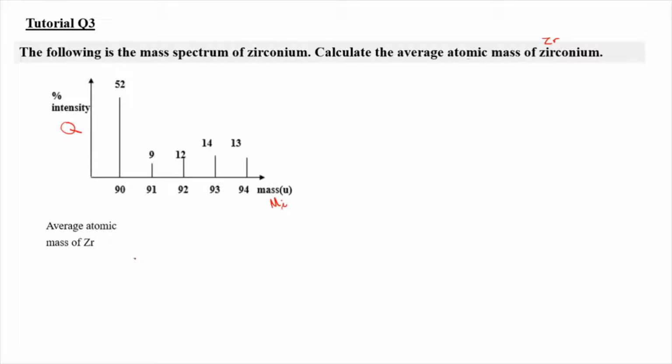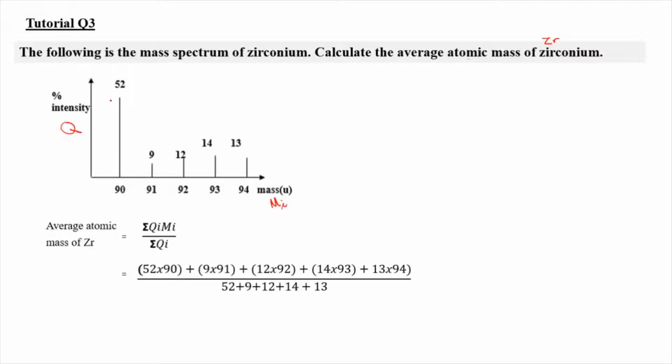So in order to find the average atomic mass, we're going to do the sum of abundance times mass over the sum of abundance. So the percentage abundance will be multiplied by the mass, and we need to do that for every case.